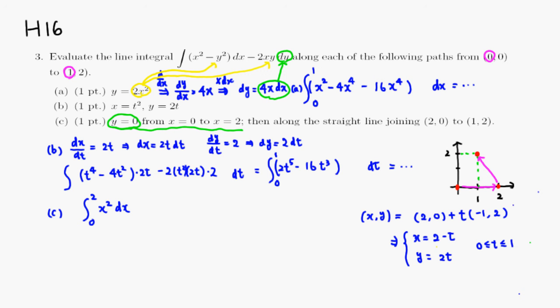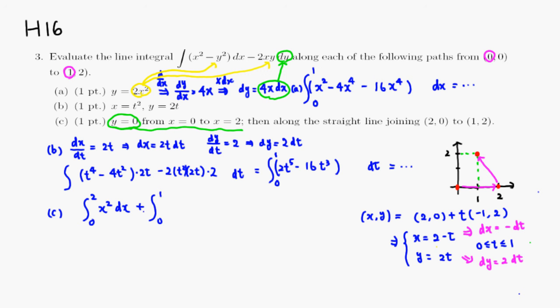Then we can just go through the same steps as part B. From here, dx is going to be negative dt, and dy is going to be 2 dt. So we can write the integral from 0 to 1.